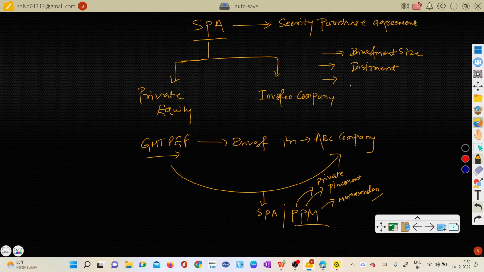Then duration or exit route, right? Then preferred return, whether it is annual or monthly, that also will be defined, and all the other key information, the purpose of the investment and all. So all that key information would be defined in the security purchase agreement, or I would say private placement agreement.